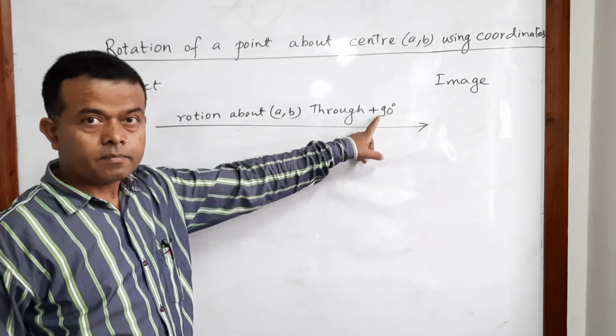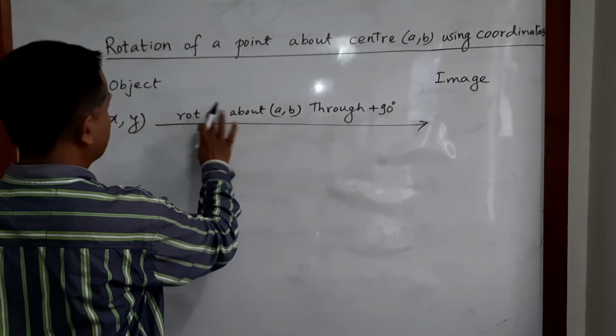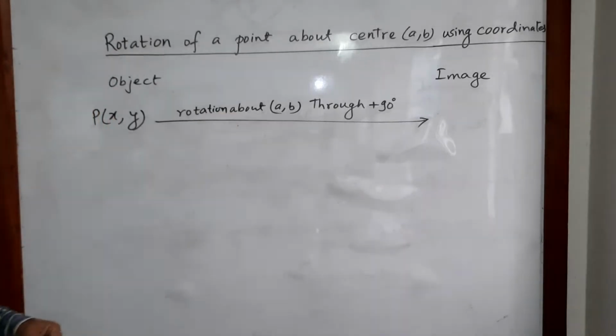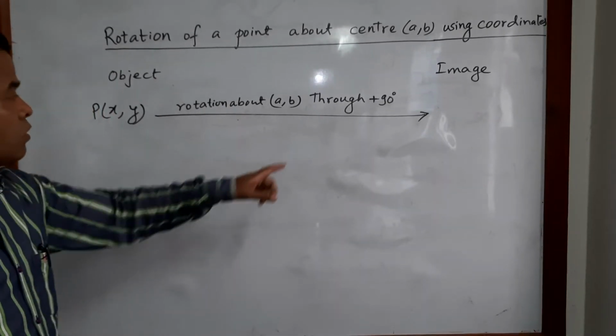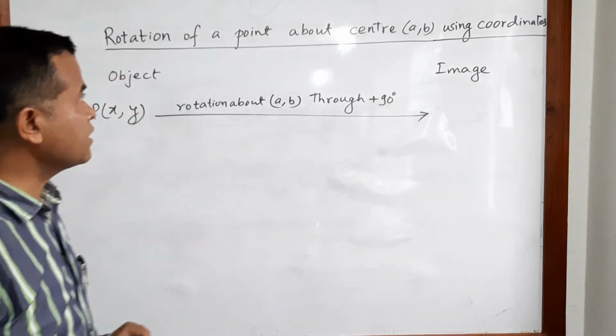Positive 90 degrees means rotation about AB through positive 90 degrees. Positive means it is anti-clockwise direction.